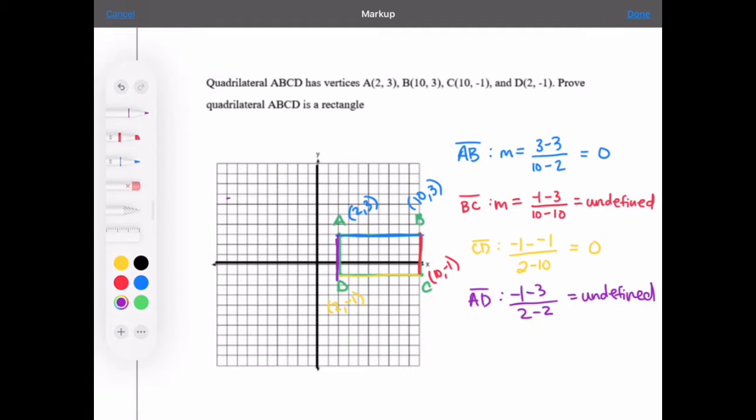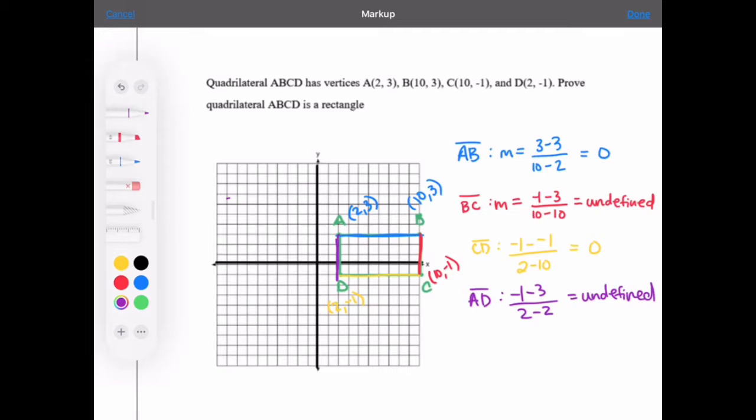So simultaneously, we proved it's a parallelogram, and we also proved that it is a rectangle at the same time. We needed to do both those things, and we got to bang it out all in one step, right? Because we proved both that there was a right angle and that opposite sides were parallel.